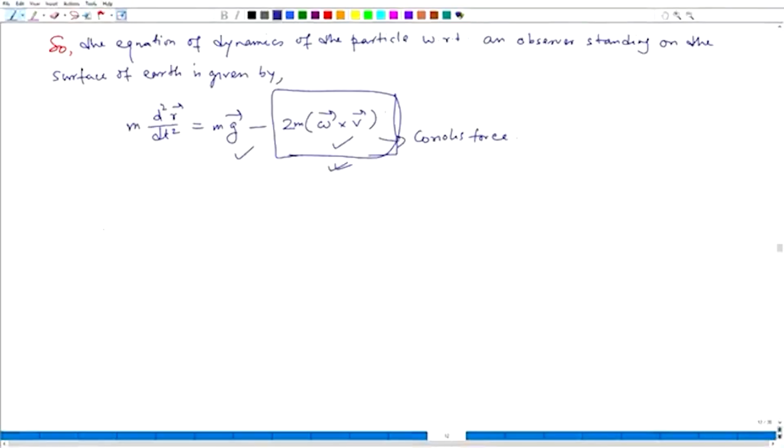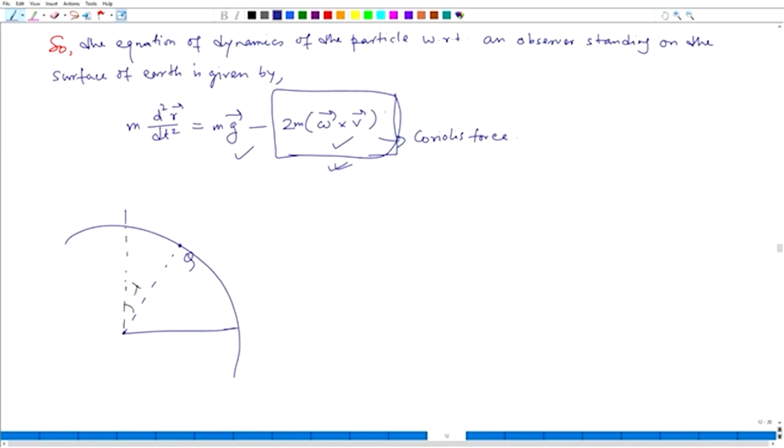Okay. Just before wrapping up this lecture, I will do a little bit more. So, I will now just draw this thing, that if I say that okay, this is the center of the earth and this observer Q, who is standing on the earth surface, is actually at a co-latitude lambda.